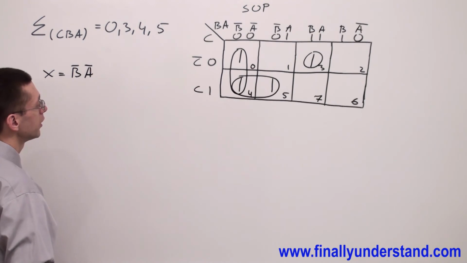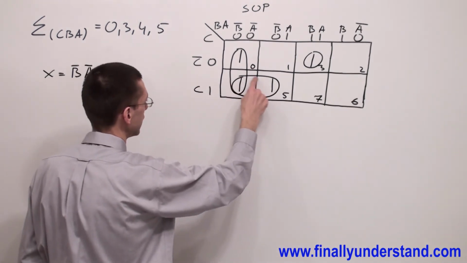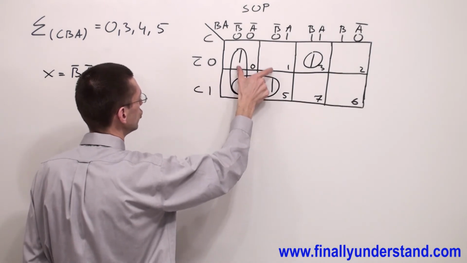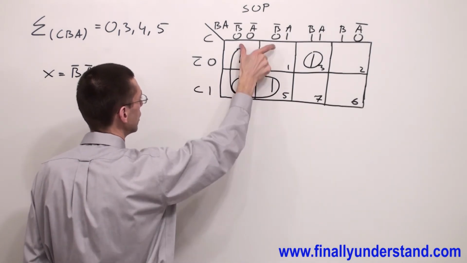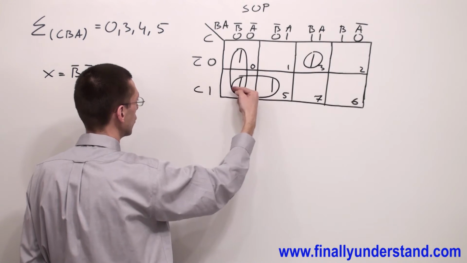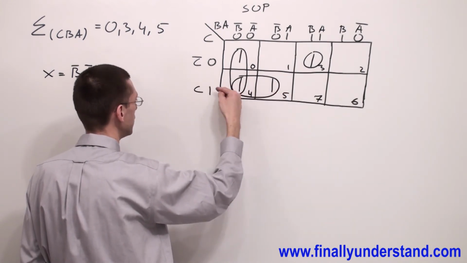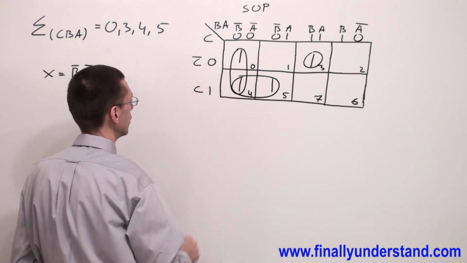Next, I'm supposed to look at the second group. The second group is placed in 2 columns and 1 row. Remember, anytime we have 1 row, don't think too long. Copy down whatever is on the side of the row.